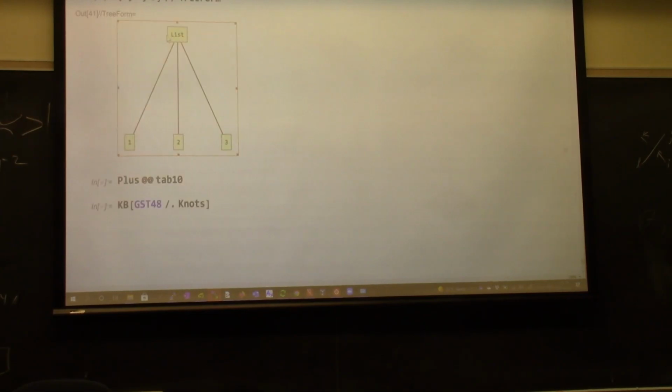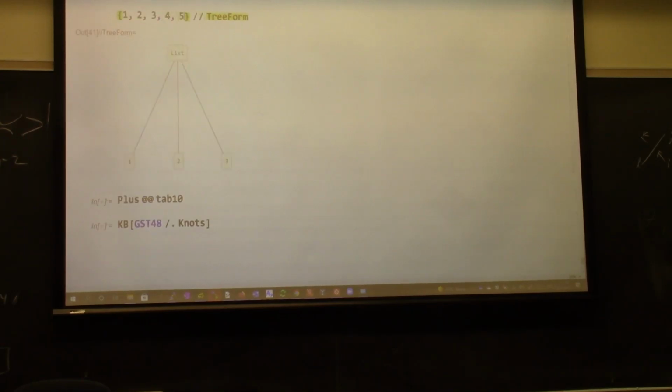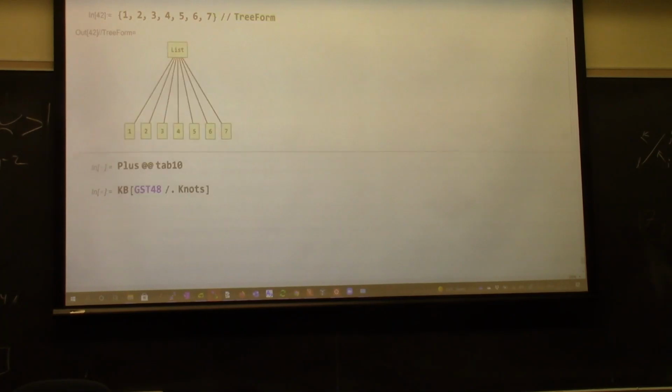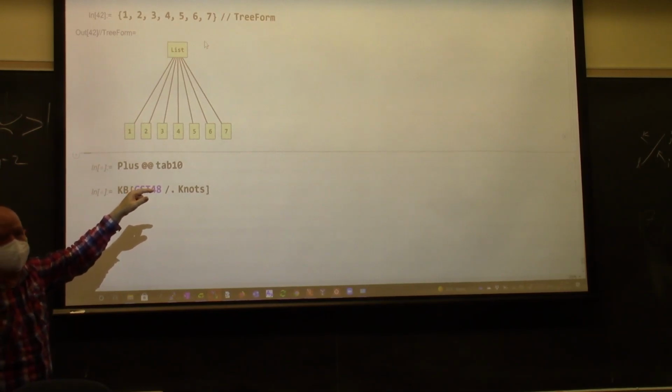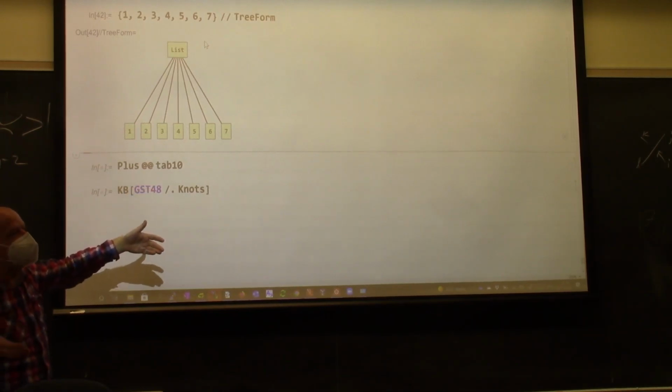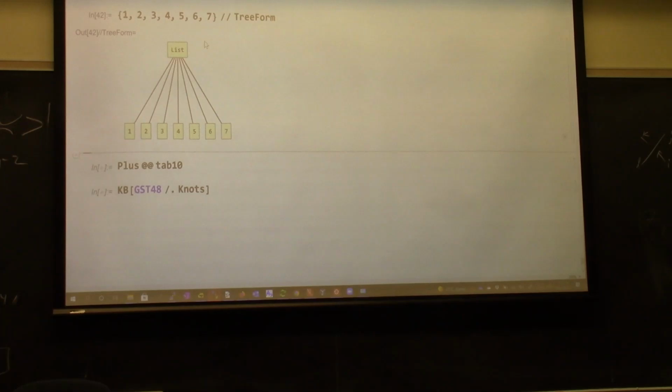And if I replace the head List, you know what? I'm being silly. Let's do 4, 5, 6, 7. If I replace the head List with the head Times, which means multiply, it will simply multiply, and we will get another formula for factorial.